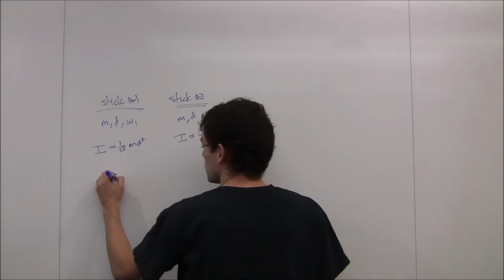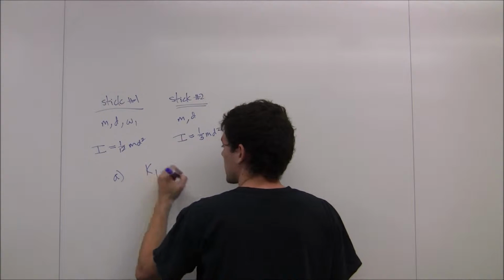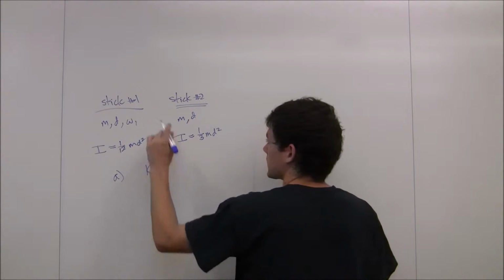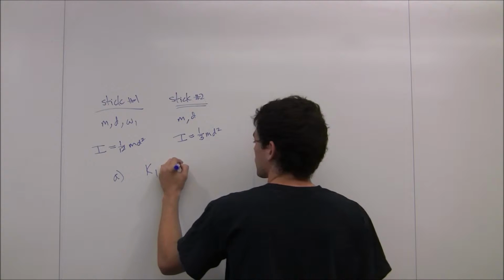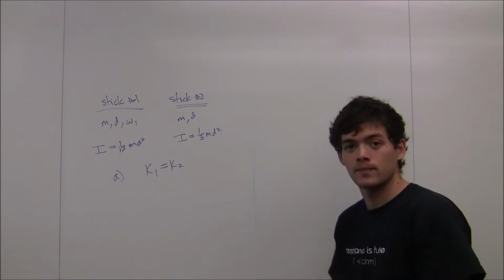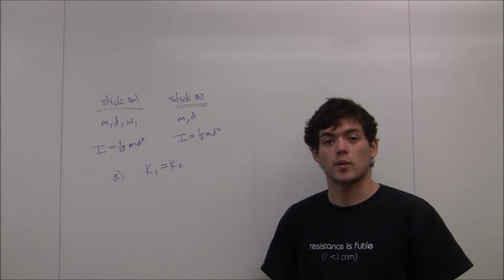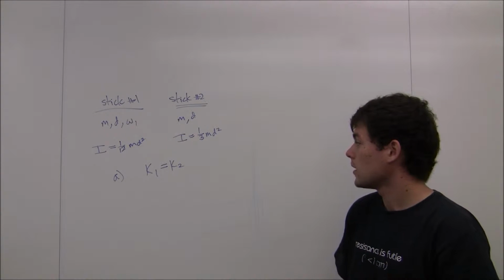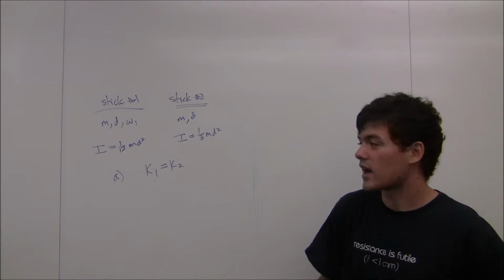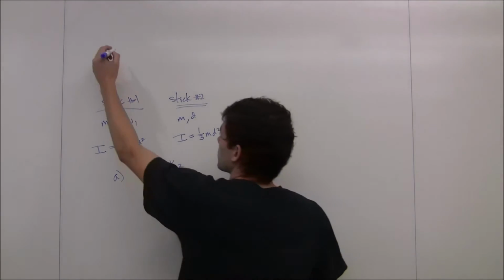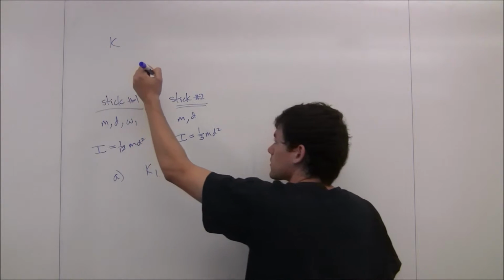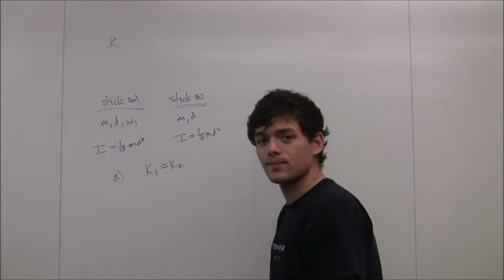Now for part A, we're told that the rotational kinetic energy of stick number 1 is equal to the rotational kinetic energy of stick number 2, and we're asked to find the angular momentum of stick number 2. Now throughout this problem, for both parts A and B, I'm going to be using a slightly non-standard formula for kinetic energy.